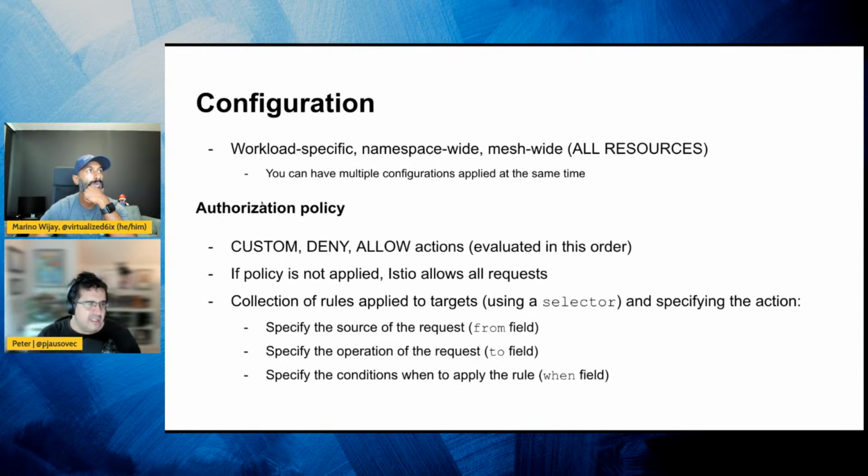And then specifically for the authorization policy, we'll show this when I show the example, but there are 3 different actions that you can specify in the authorization policy. There's a custom action that can point to an external authorization provider. So you can also say, hey, I don't want Istio enforcing this. I have my own thing. You can do that as well, right?